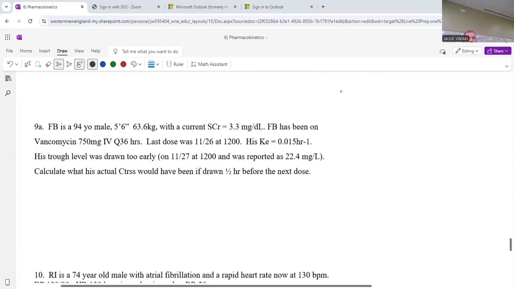All right, so let's break down what we have here. His trough level was drawn too early. Last dose was 11/26, and it was drawn on 11/27 at 1200, so it was drawn after 24 hours.